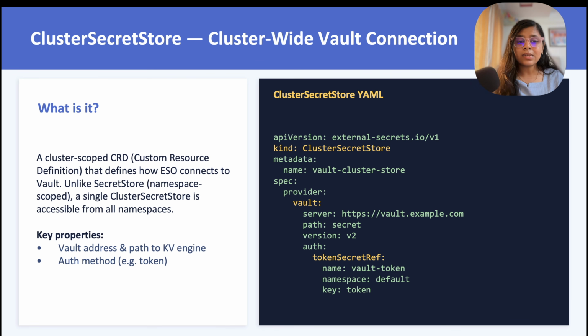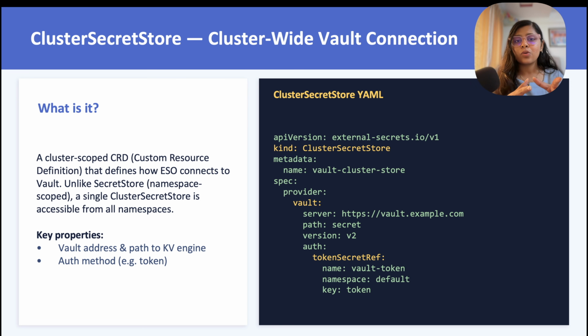It is a cluster scope CRD that defines how ESO connects to your Vault. Now unlike the SecretStore, there are two terms, ClusterSecretStore as well as just the SecretStore. So there are two of them.